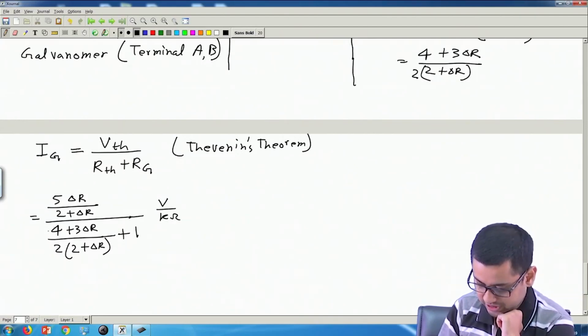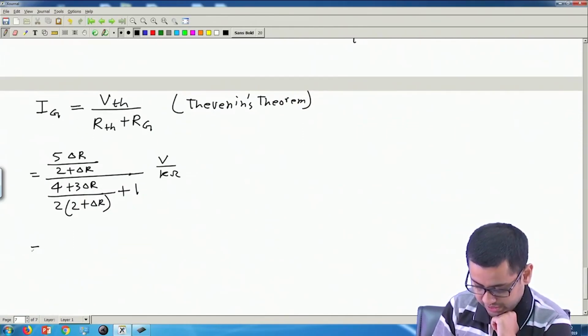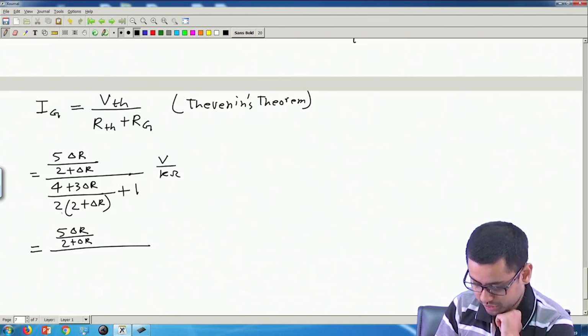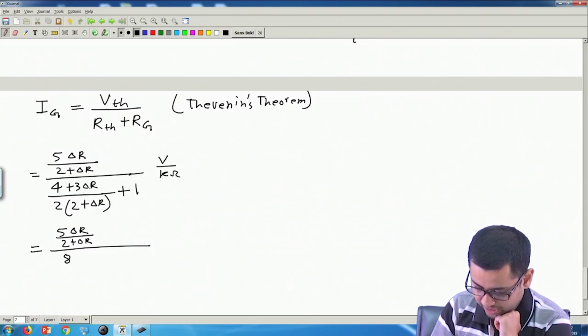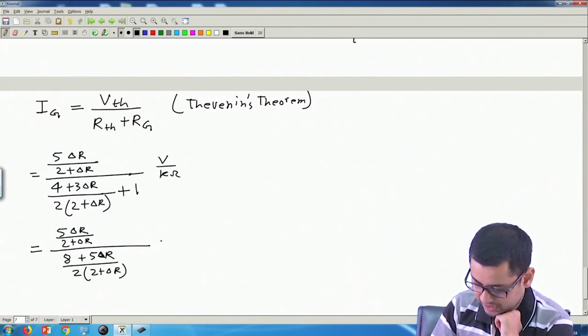Now we can write this as 5 delta R divided by 2 plus delta R, whole divided by the denominator: 4 plus 4 is 8, and 3 delta R plus 2 delta R is 5 delta R, whole divided by 2 into 2 plus delta R. This is volt by kilo ohm, which is like milliampere.